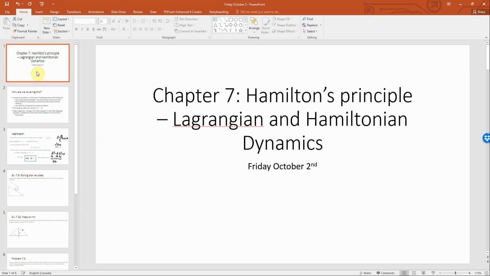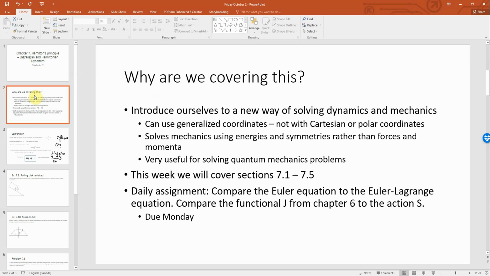Today we'll be continuing on with another lecture on Chapter 7, Hamilton's Principle, Lagrangian and Hamiltonian Dynamics. As I've mentioned before, we're developing the theory for Lagrangian mechanics to find a new way of solving mechanics problems. You already know Newtonian mechanics quite well.